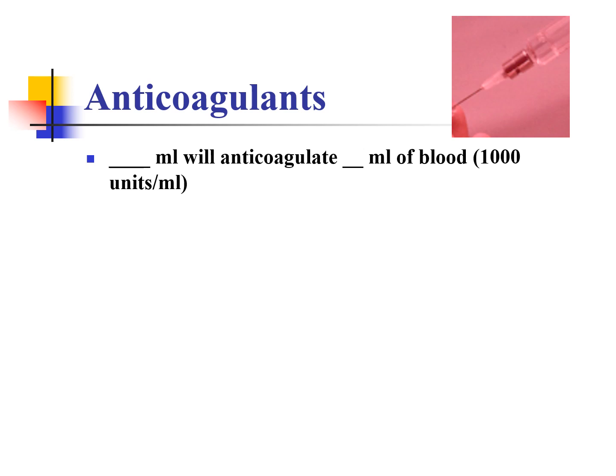So when we're looking at anticoagulants, 0.05, I'll say that again, 0.05 milliliters will anticoagulate 1 mL of blood. So if you're going to draw 1 mL of blood, you need 0.05 mL of heparin.